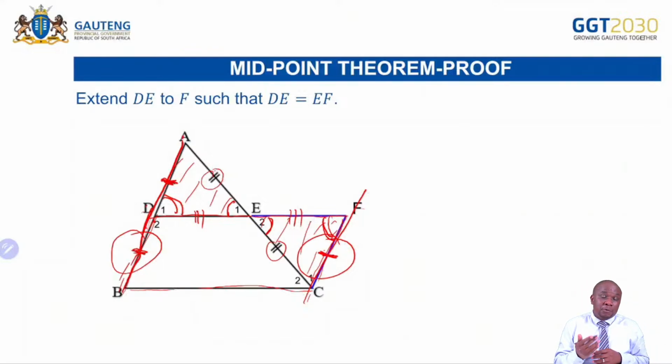And then you can use the properties of parallelogram now to prove that DE is parallel to BC because these are opposite sides of the parallelogram. And then DE is half of BC. Why half of BC? Because DE is half of DF, and DF is equal to BC. Therefore, DE is half of BC.